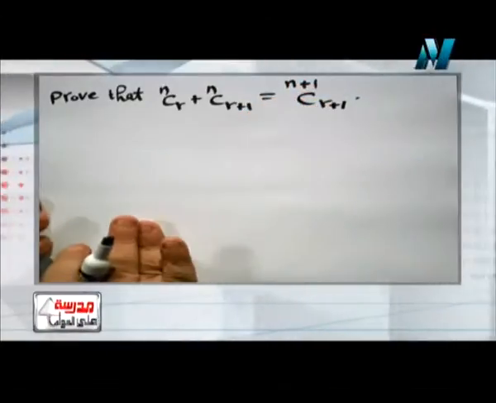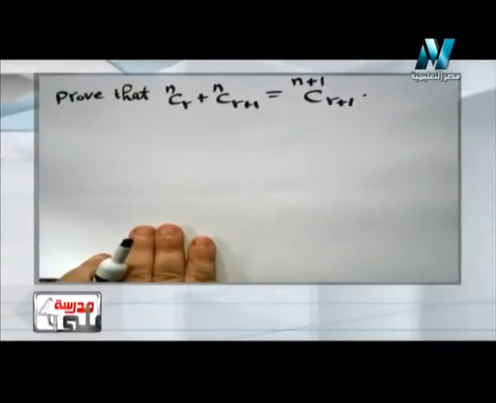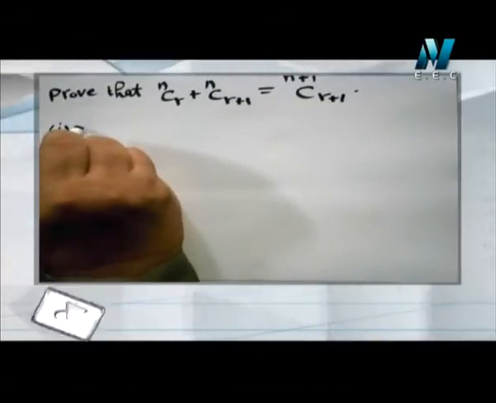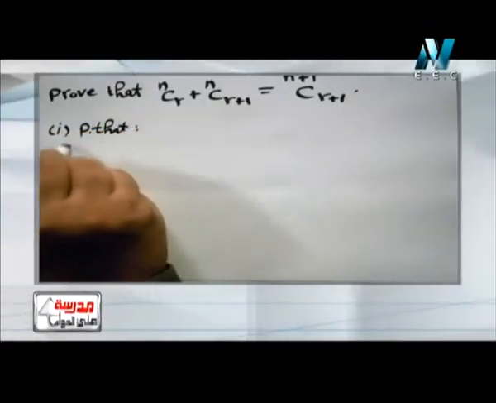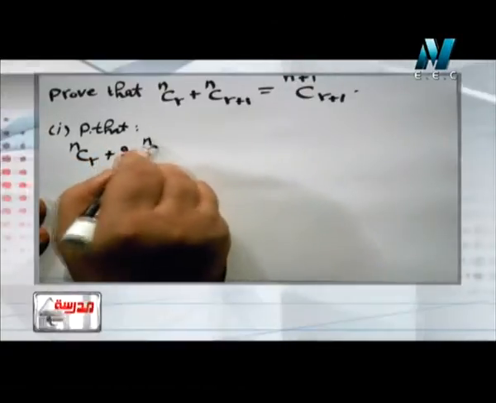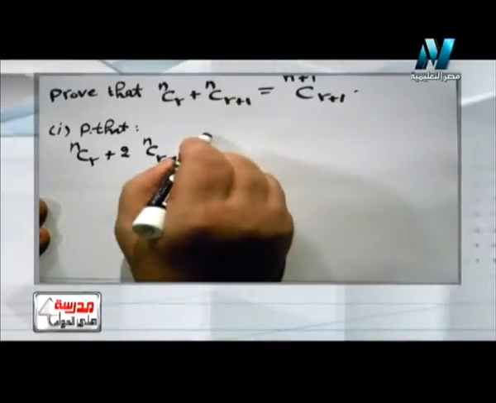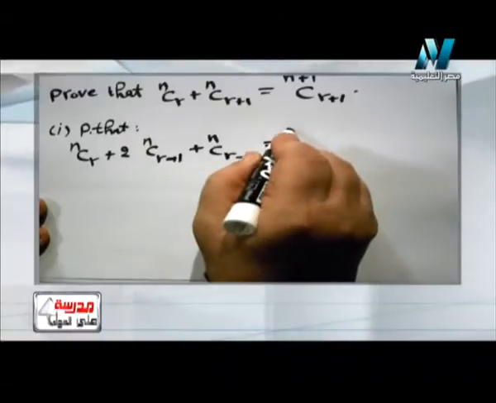Then there is requirement number 1 and requirement number 2. The first requirement says prove that NCR plus 2NCR minus 1 plus NCR minus 2 equals n plus 2 CR.